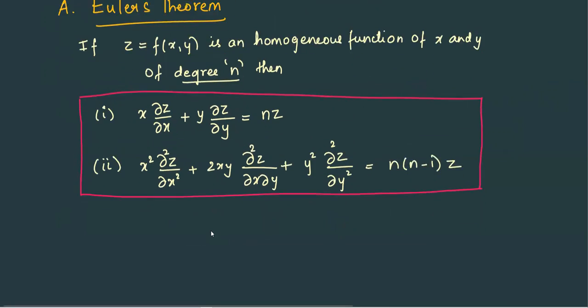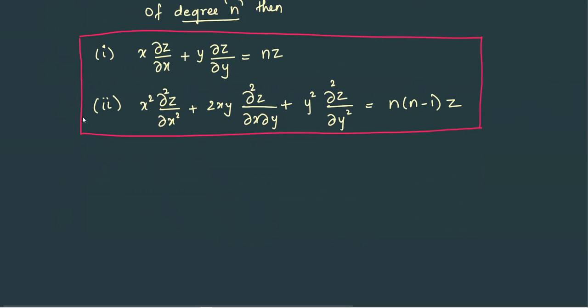So now the Euler's theorem general formula for this was for a function of two variables.